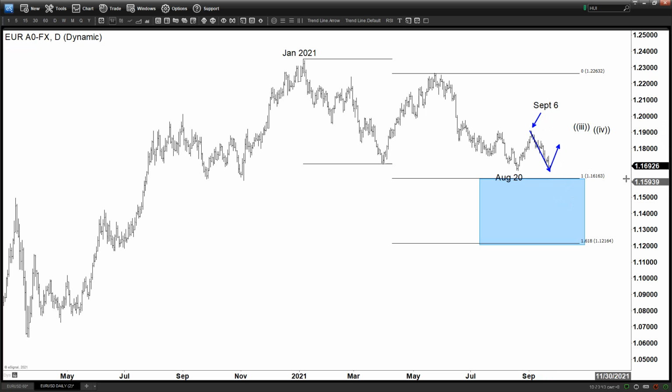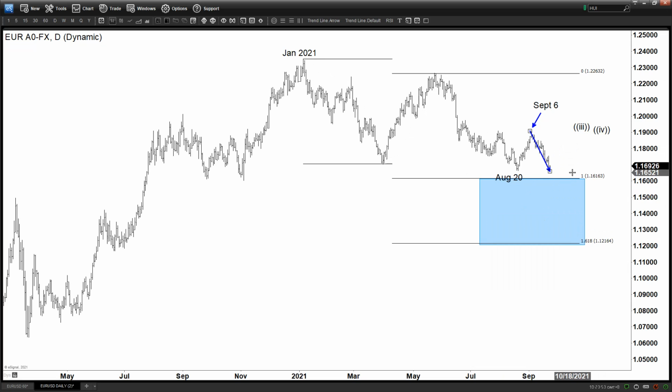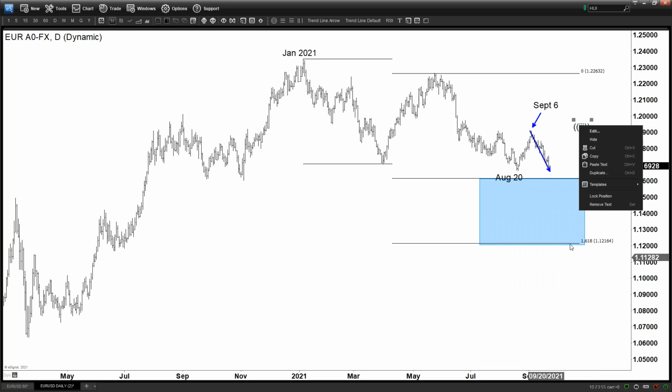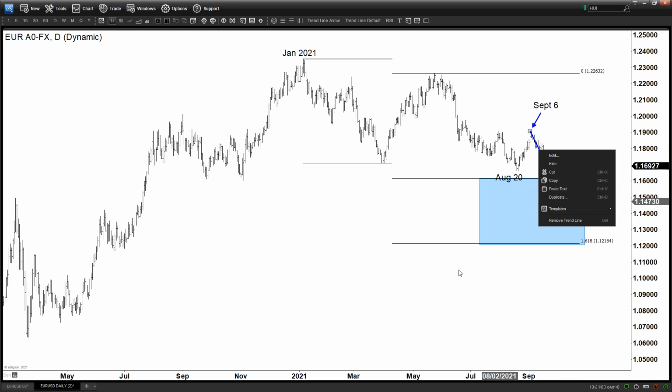So eventually though, we are looking for this target here, minimum 116.20, and possibly even lower depending on the higher degree structure playing out. But we're looking for the downside.